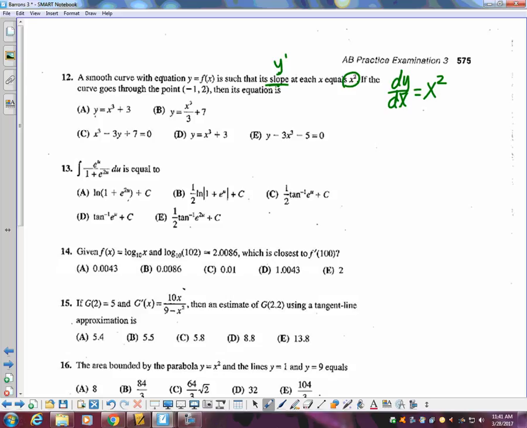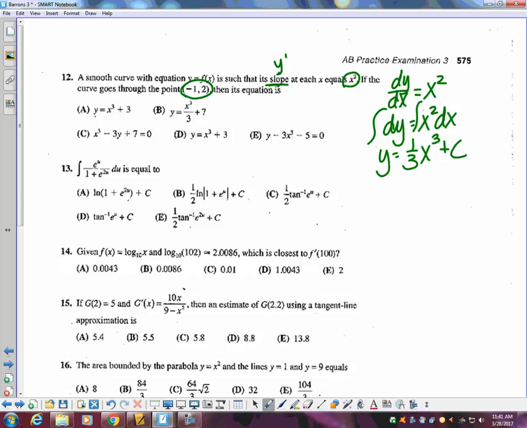Okay, so now all I'm going to do is separate my variables, multiply both sides by dx, and integrate. Okay, so I'm here, which is great, and it kind of sort of looks like some of the answers. Then I need c. So it's going to give me a point, -1, 2.